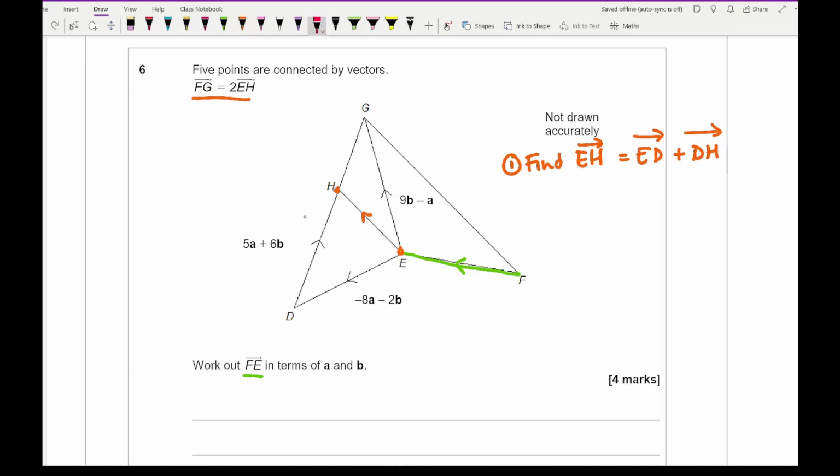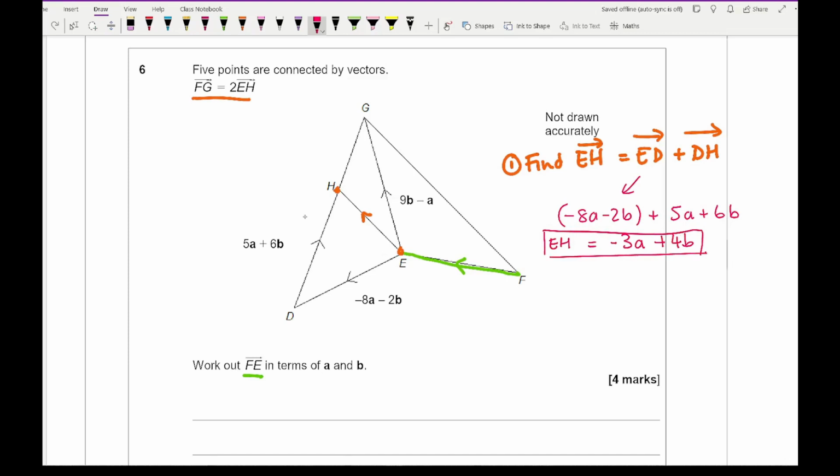Now e to d is, going with the arrow, minus 8a minus 2b, and that's going to be plus d to h, which is going with the arrow, so that's plus 5a plus 6b. So simplifying all of those terms, I'm going to get minus 3a plus 4b, which equals e to h. Let me just put a little box around that.